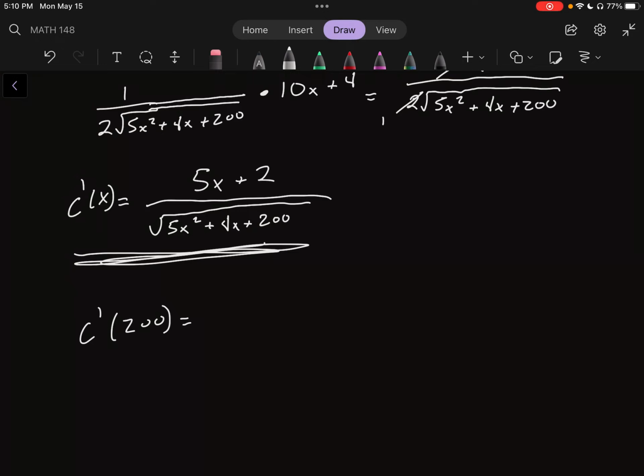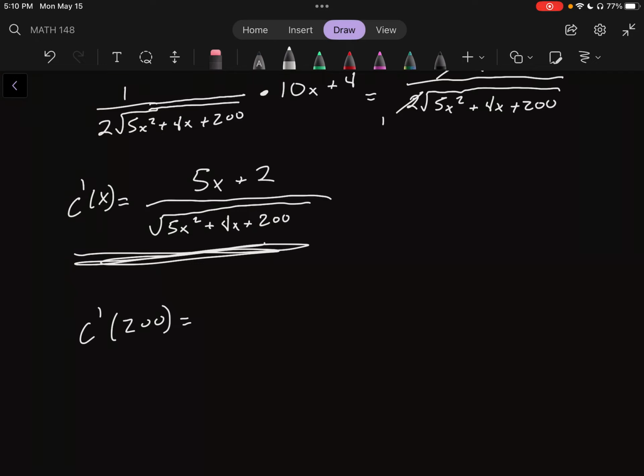In Desmos, 5x plus 2 divided by the square root of 5x squared plus 4x plus 200.